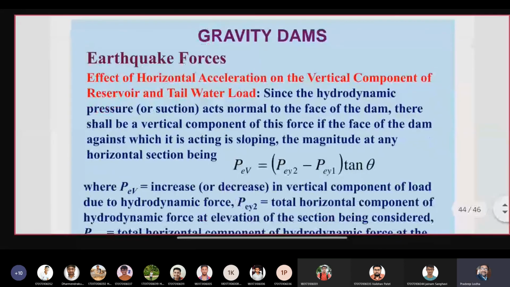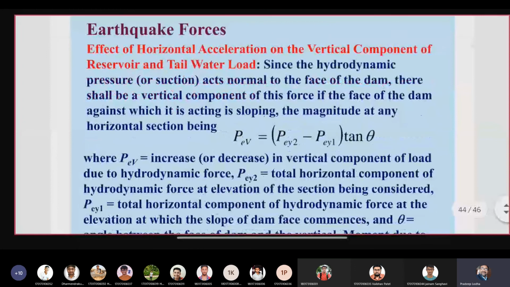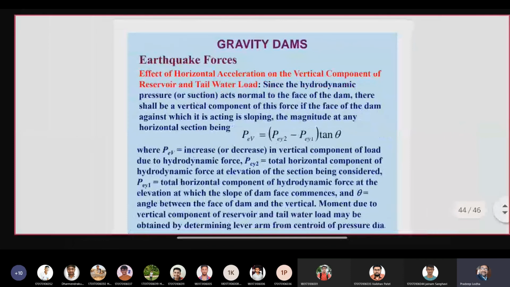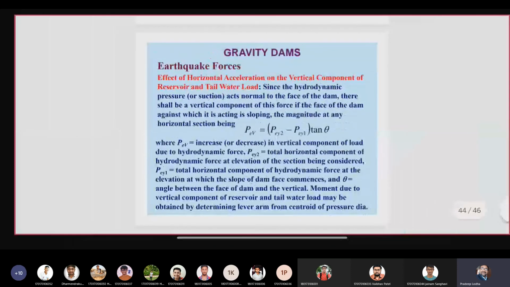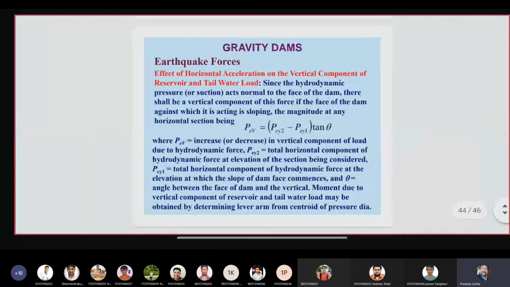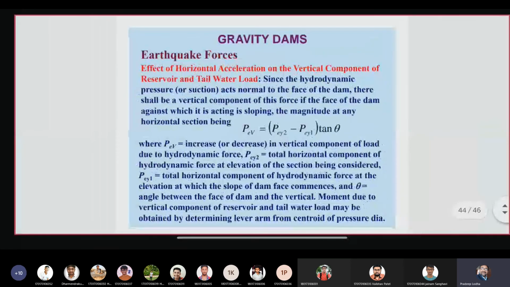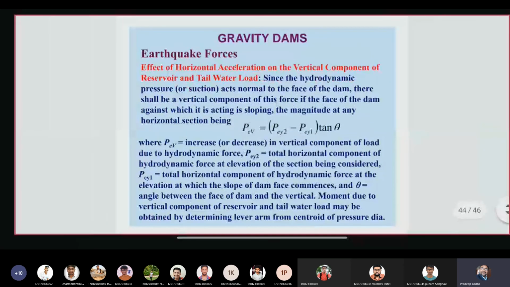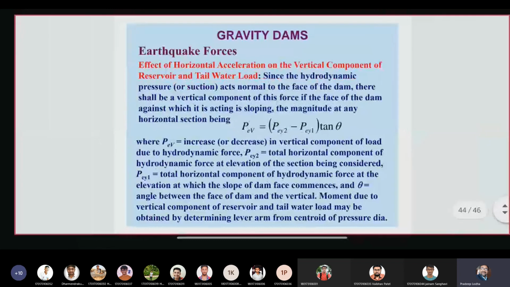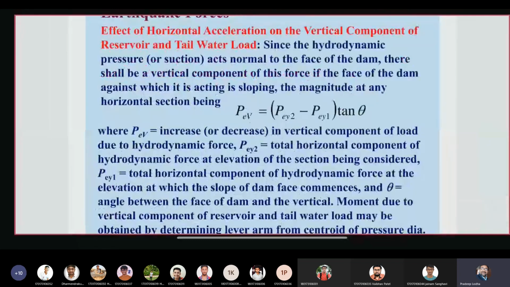This is very interesting. There are two more slides. Please bear with me, I will just explain. This slide is important because when there is upstream slanting, sometimes a question is asked in the Public Service Commission oral examination: if the upstream is slant, then what happens?